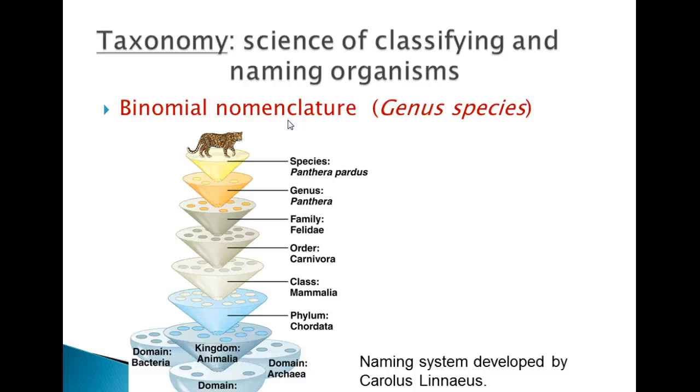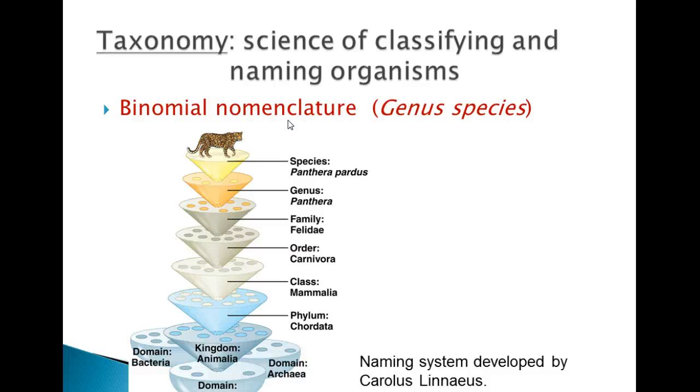It's in the class Mammalia because it's a mammal. It's in the order Carnivora because it eats meat. And it's in the family Felidae because it's a feline or cat. However, what separates it from all other cats is its genus and species name combined, and that was developed by Linnaeus. Make sure you understand that.